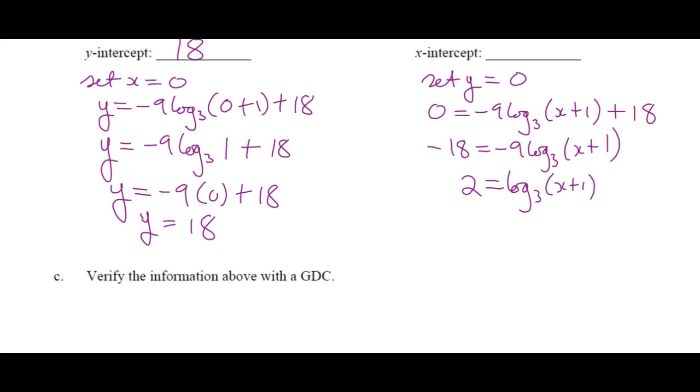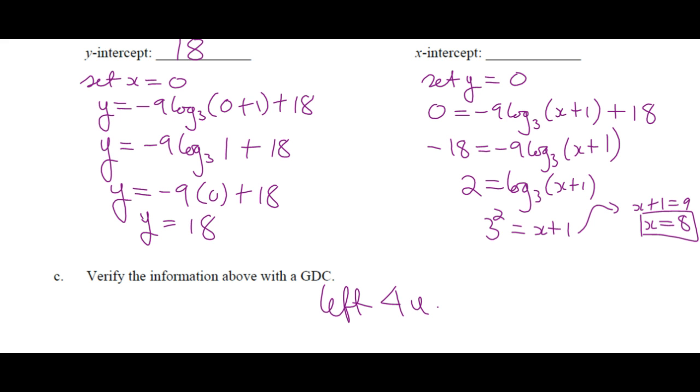Yeah, I can't solve that, but I can change it to exponential form, which says 3 to the power of 2 is equal to x plus 1. X plus 1 is 9, and x is equal to 8. Okay, so that's your x-intercept, right? 8. Verify the information with the GDC.